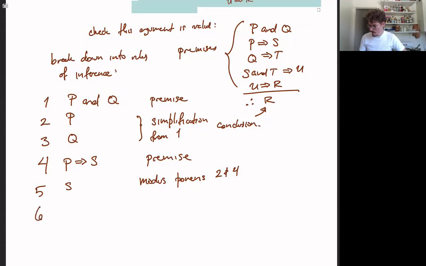We're assuming Q implies T, this is the premise. And we conclude T by the same argument. This time we're using 3 and 6.